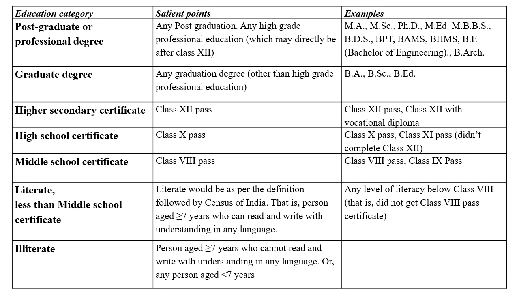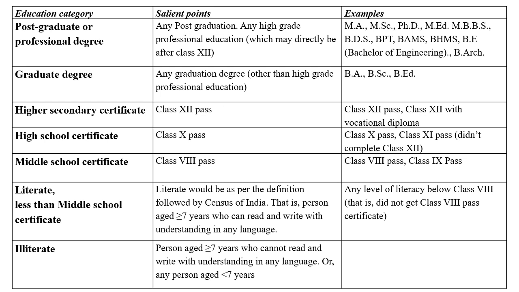So if a person has studied up to 4th standard and is aged 7 years or more and is able to read and write, we can't fit them into primary because we consider only the completed level of education, and the next class is illiterate.